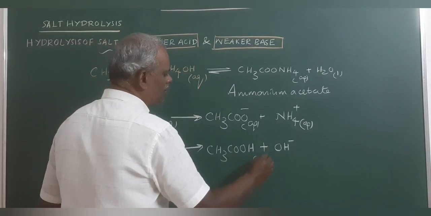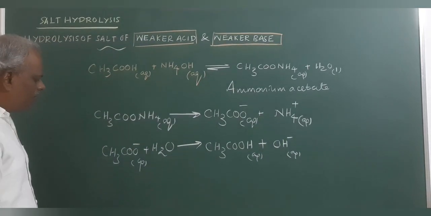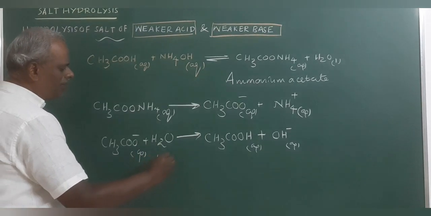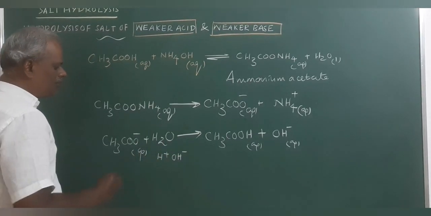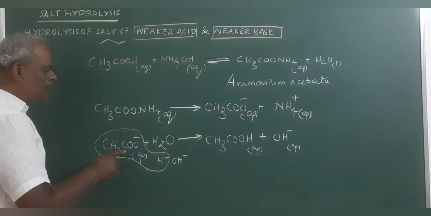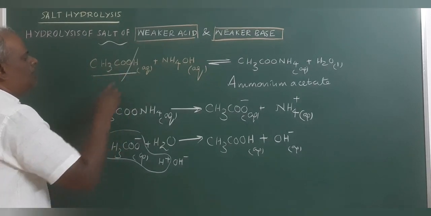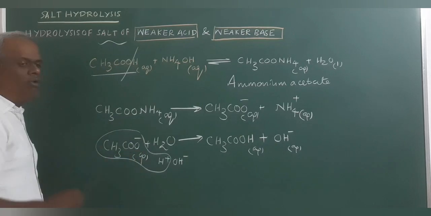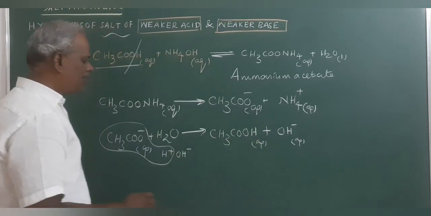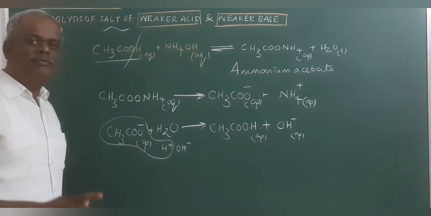Actually, acetic acid is formed and one hydroxide is formed. It means the acetate has a better tendency to combine with the H plus of the water molecule. It is the conjugate base of acetic acid, and has a strong tendency to combine with H plus to form this product. It shows that there will be a decrease in the concentration of H plus.